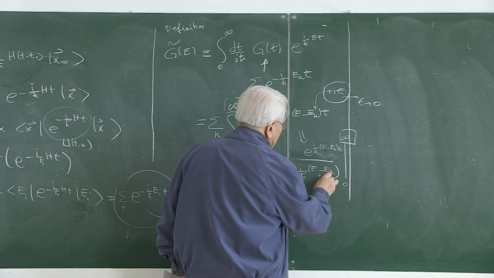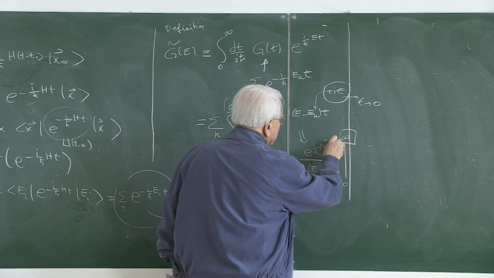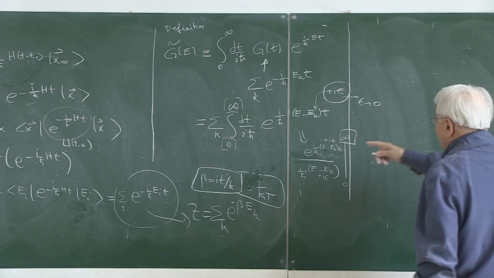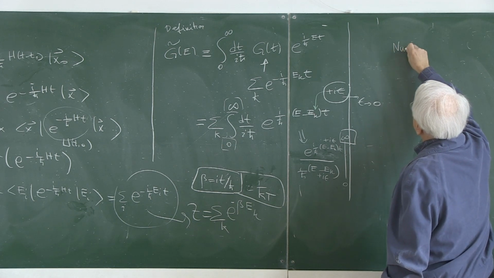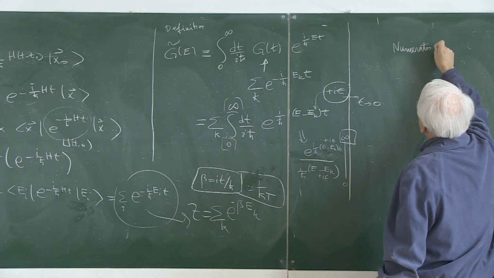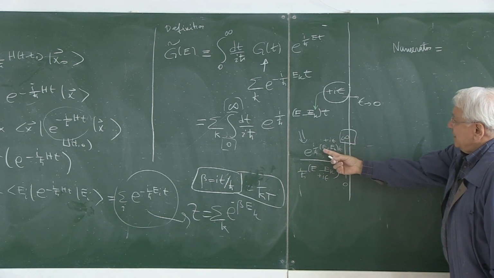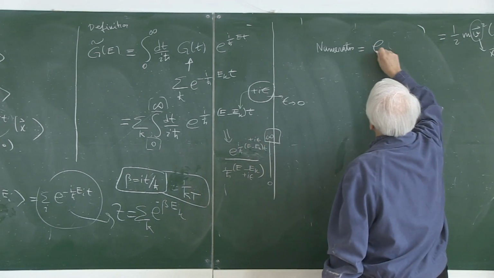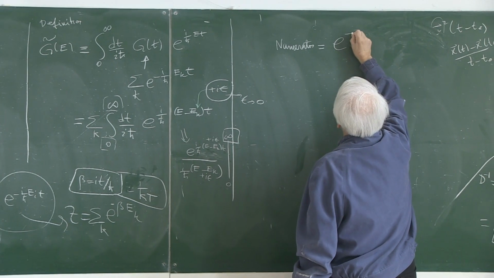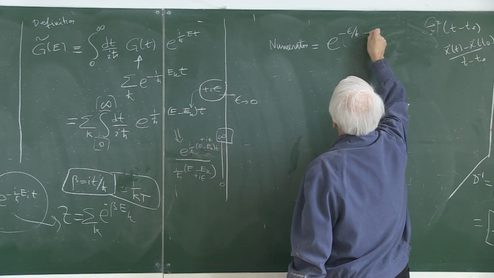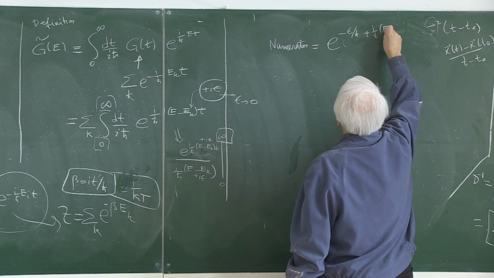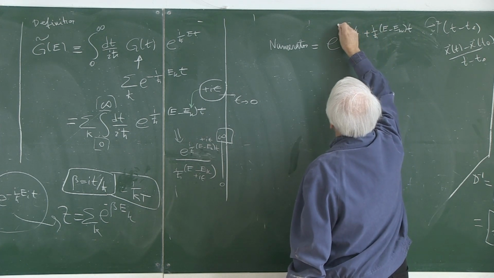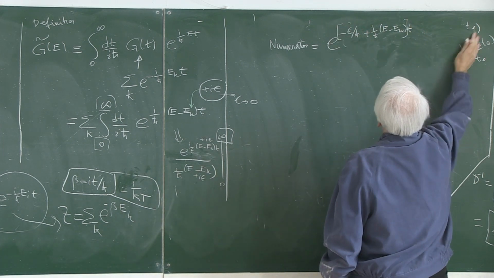Here, of course, there will be an i epsilon in the numerator and denominator. And what does the numerator do? Let me check the numerator. When you add E minus E_k plus i epsilon, i times i is minus, and so you have up there the following: minus epsilon over h bar plus i over h bar (E minus E_k), times t.